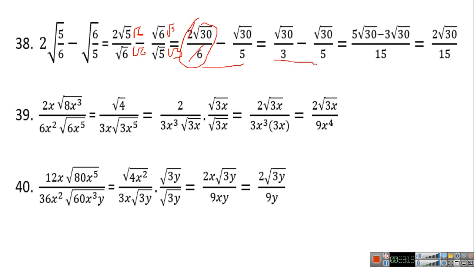Same denominator is 15, you can see it. 3 times 5 is 15, so I multiply here by 5 and down by 5 to get 15. Here I need what? 3. So I multiply up by 3 to get 15. So 5 root 30 minus 3 root 30 is 2 root 30 over 15.